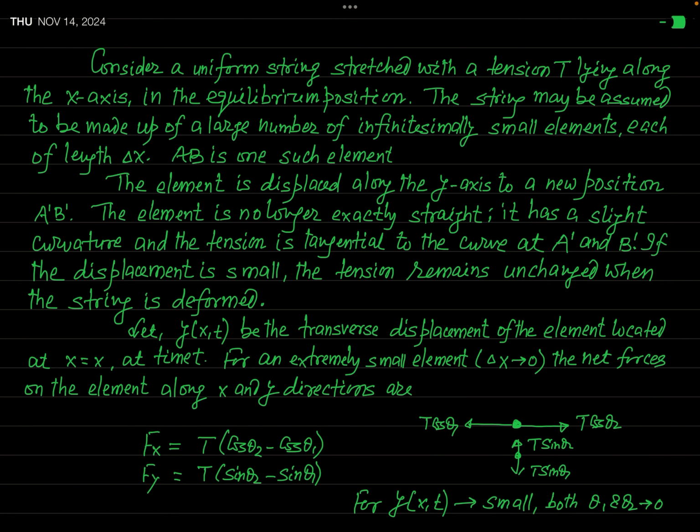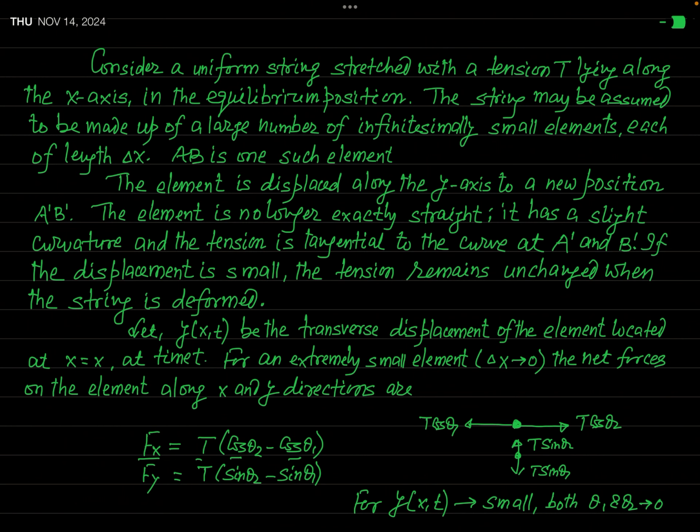Okay? So if Fx is the net force acting on this element in the x direction, what will be its value? It is obvious from this free body diagram that Fx will simply be equal to T times cos theta 2 minus cos theta 1, or T cos theta 2 minus T cos theta 1.